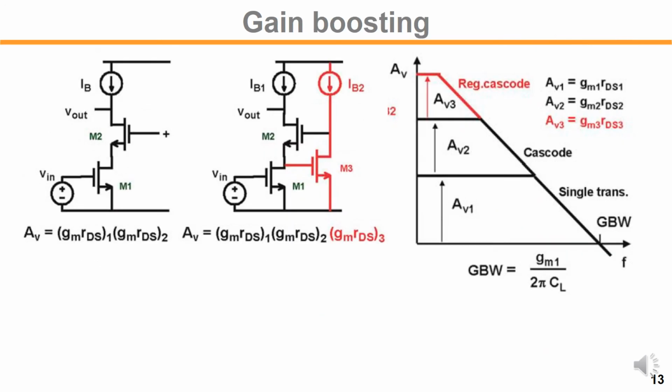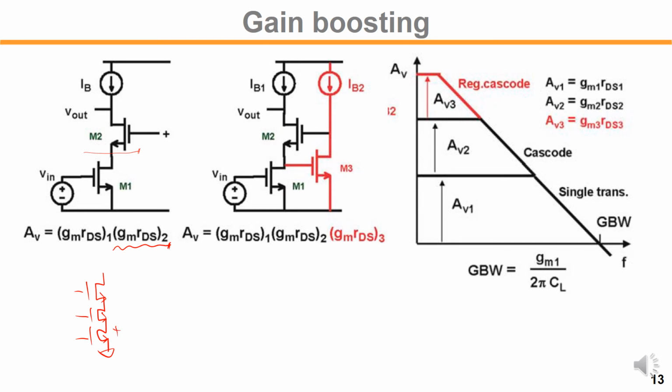DC gain can be improved by a cascode device like this. So the boosting factor would be gm times rd2. An additional way to increase the gain would be to cascade one step further. So we cascade an additional device there, then we can increase the gain, the DC gain can improve.